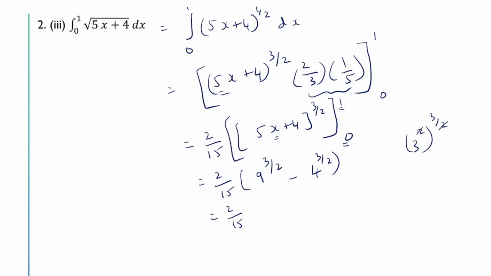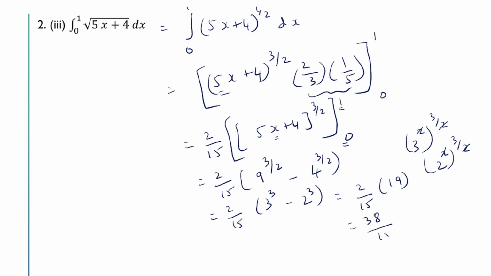So it is 3 cube. Similarly, 4 raised to 3 by 2 is 2 square, the whole raised to 3 by 2. So it is 2 cube. So it is 3 cube minus 2 cube. So it is 2 by 15 into 27 minus 8, which is 19. So this is equal to 38 upon 15.